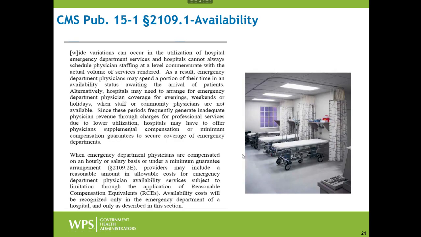Now here is an excerpt from 2109.1 talking about the availability, and it again talks about the wide variations in utilization. Because of that, the ER physicians may spend a portion of their time in availability status, so there might need to be some compensation for either those original physicians or some other physicians to be available when needed.